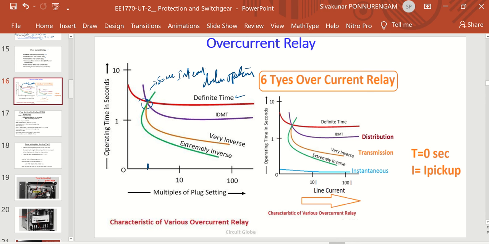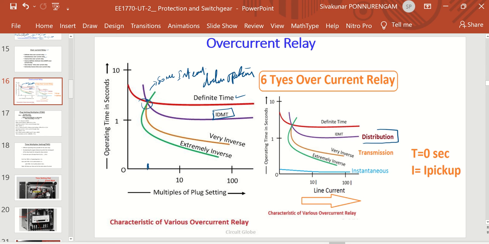Next is the IDMT relay, the inverse definite minimum time relay. Mostly this relay is used in the distribution system. Our distribution system contains IDMT.